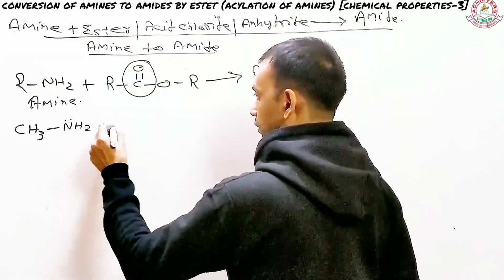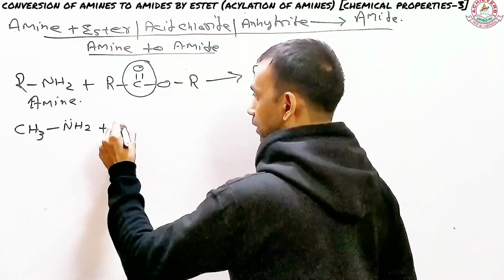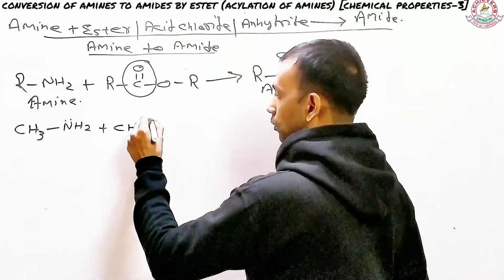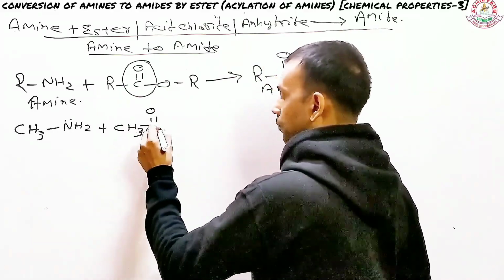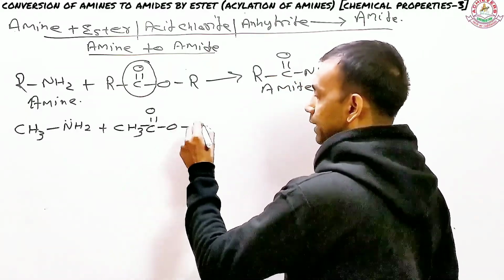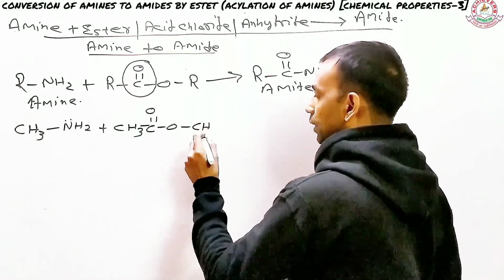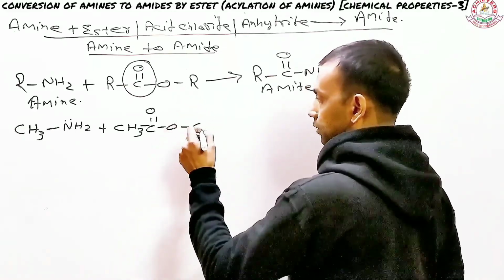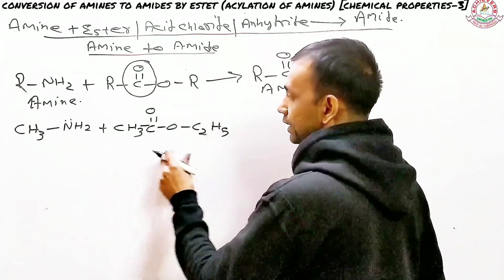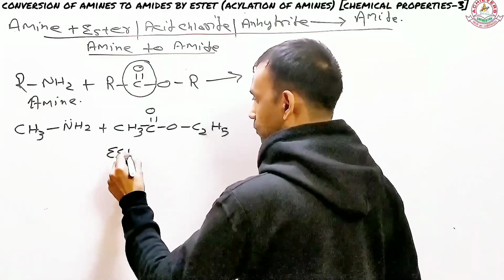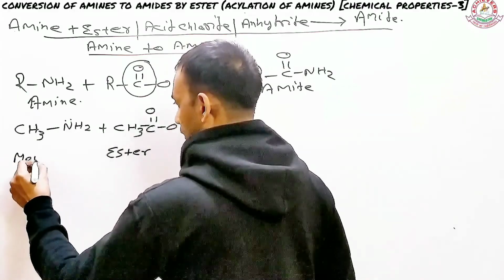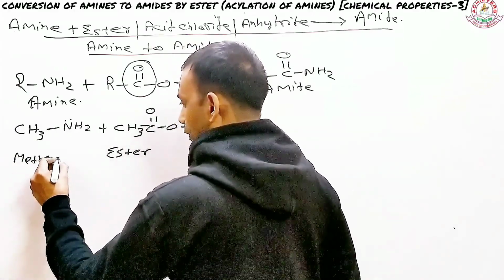Now take an ester here, like CH3COO, and let's take something short, C2H5. So you have ethyl ethanoate here. This is your ester. What is this ester called? Ethyl ethanoate. And this is called methanamine.